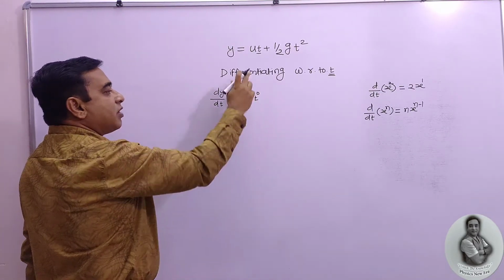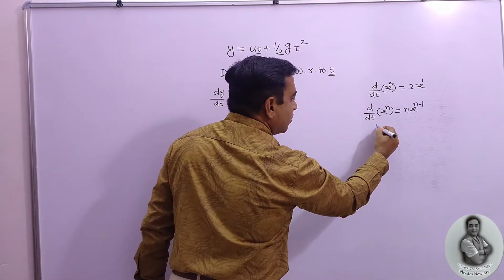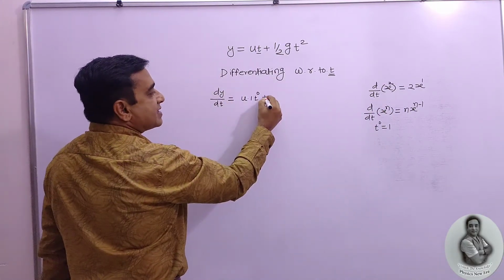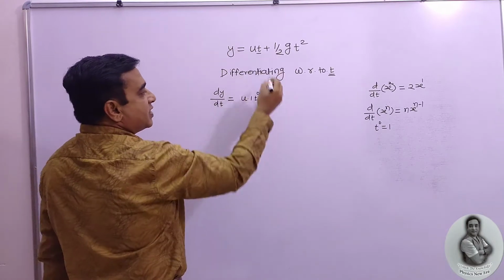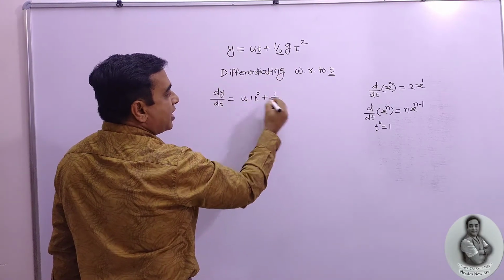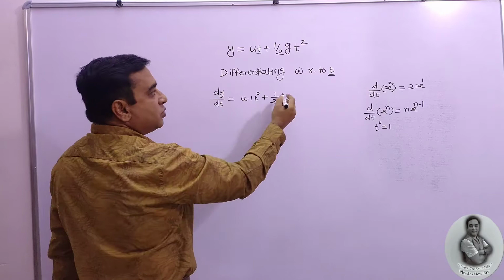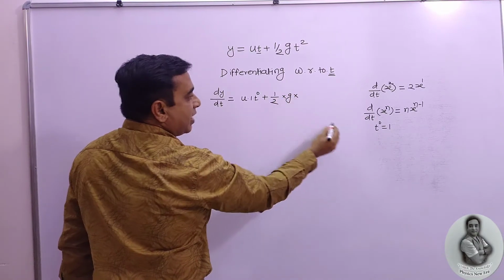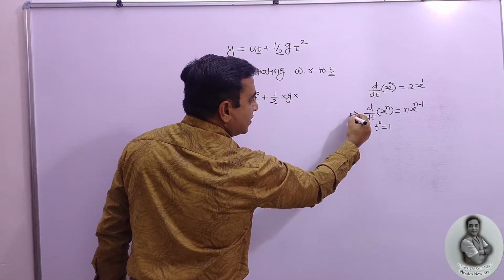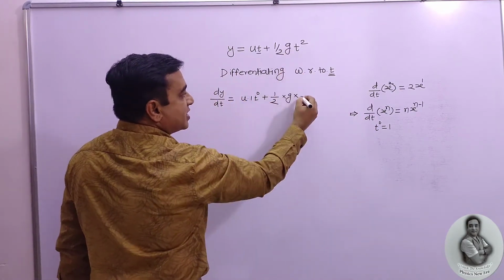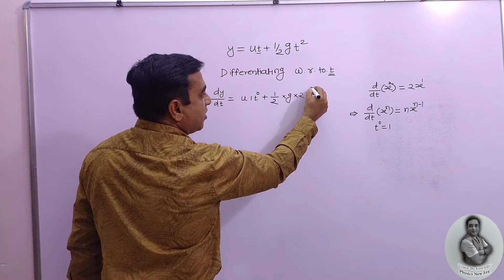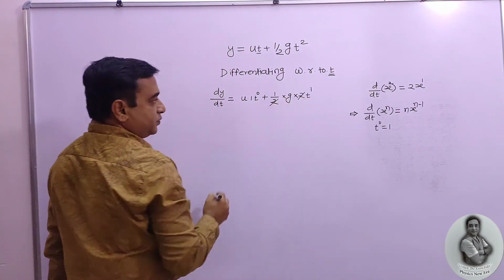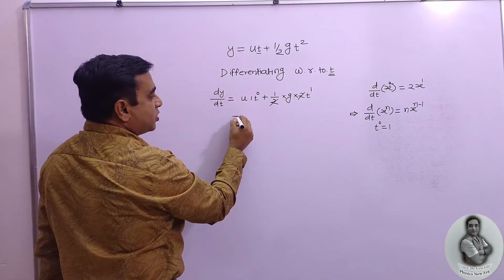We know that any quantity raised to power 0, or t raised to power 0, is equal to 1, plus as it is. Differentiating this gives 1 by 2 into g. Now once again I am going to utilize this rule. For that one, here it is t square, 2 into t raised to power 1. This 2 cancels with this 2. So the remaining factor I am going to write.